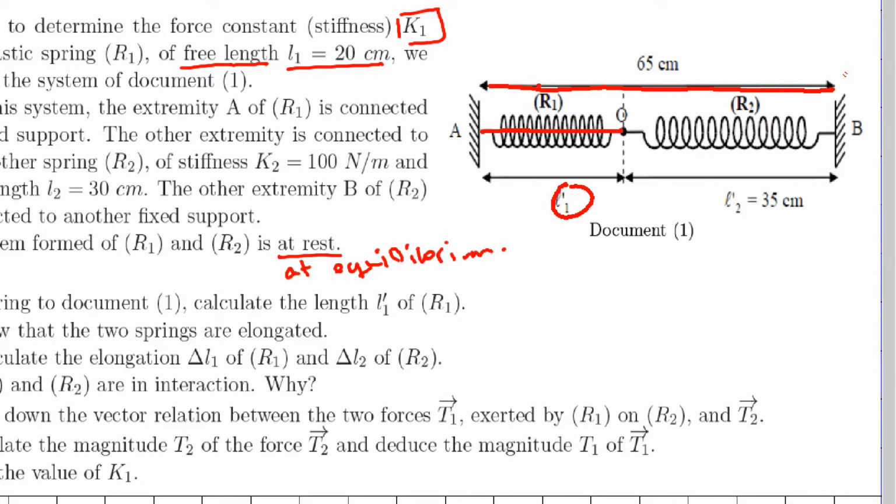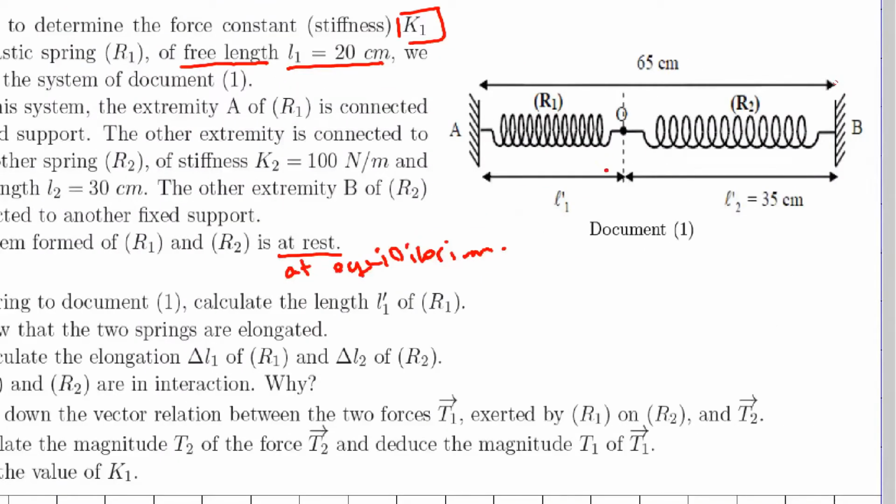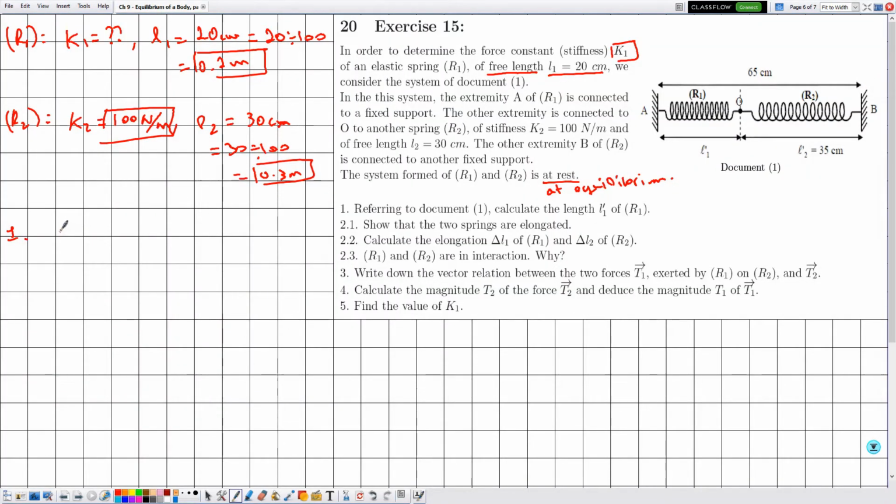So notice that if the total length from A to B is given by 65 centimeters, and we know that L2 prime is 35 centimeters corresponding from O to B, what is the length AO? So in other words, what is the number that must be added to 35 to give us 65? So in this case, L1 prime is given by 65 minus 35, which is equal to 30.